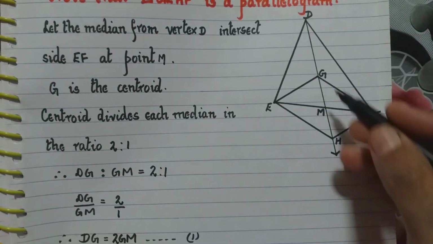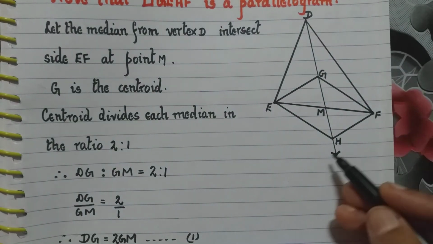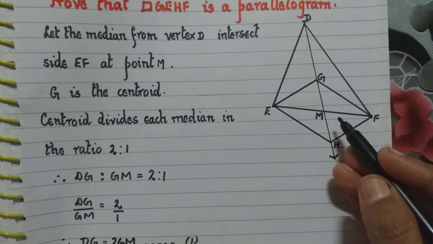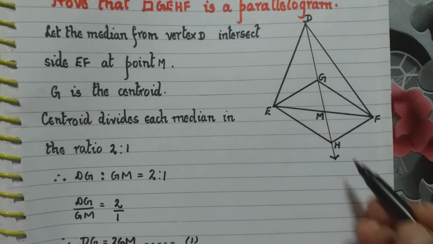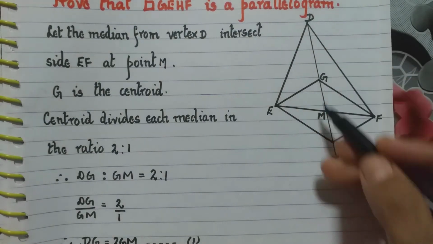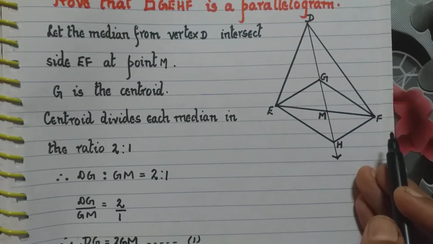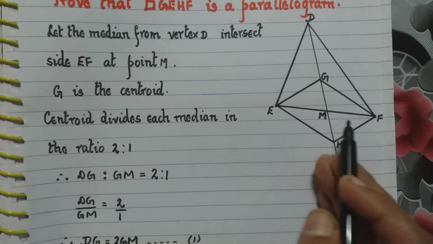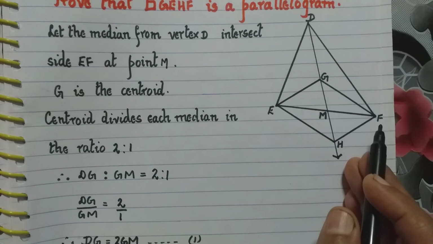But what is this GM and MH? You can see that this is the parallelogram which they said, that is GEHF, and GM and MH are the parts of one diagonal, that is GH. Also, if you look at the other diagonal, that is EF, we know that EM is equal to MF. Now how can we say EM equal to MF?